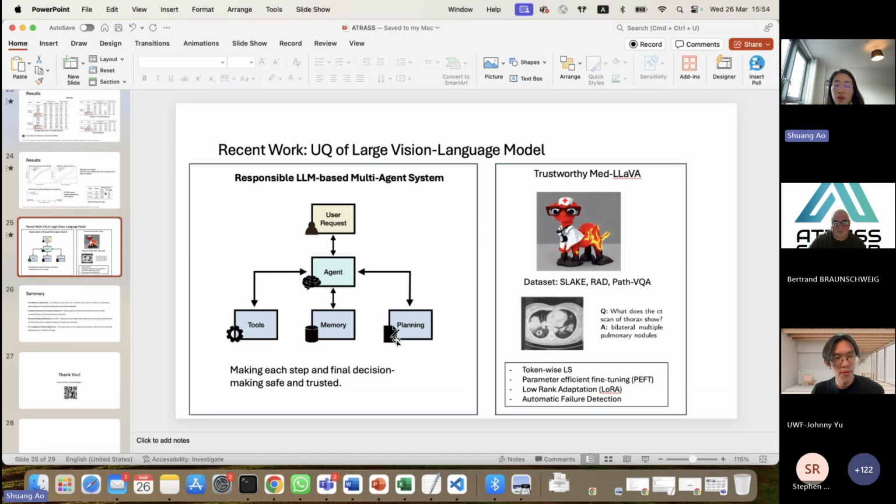For the planning or the reasoning, we are currently working on how to make it rational. We need to quantify how good or bad the reasoning is. For the final decision making, we apply conformal prediction. For us, it's all related to uncertainty quantification, and the whole final purpose is to make the whole system responsible.